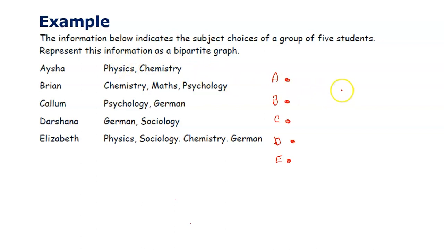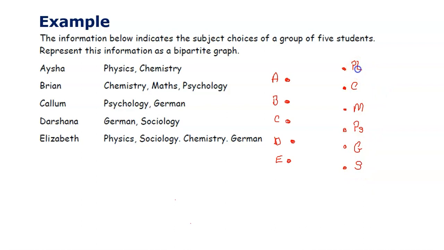So what have we got? I think I've got 6 subjects over here: 1, 2, 3, 4, 5, 6. I've got physics, chemistry, maths, psychology, German, and sociology.